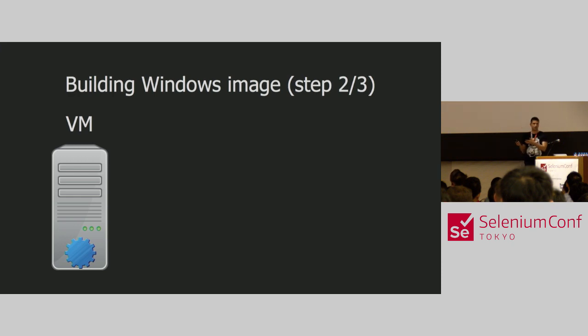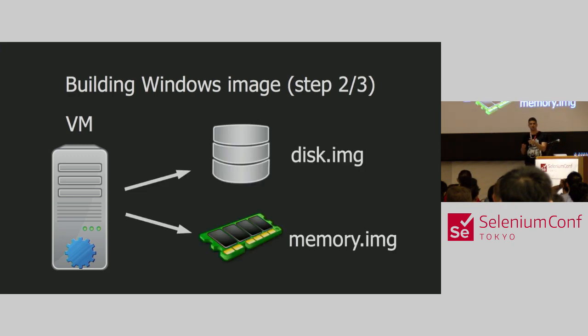So having a virtual machine memory snapshot saved to a disk, we stop the virtual machine and find 2 files on the disk. The first one is the virtual machine disk image file, and the second one is the saved virtual machine memory image file.